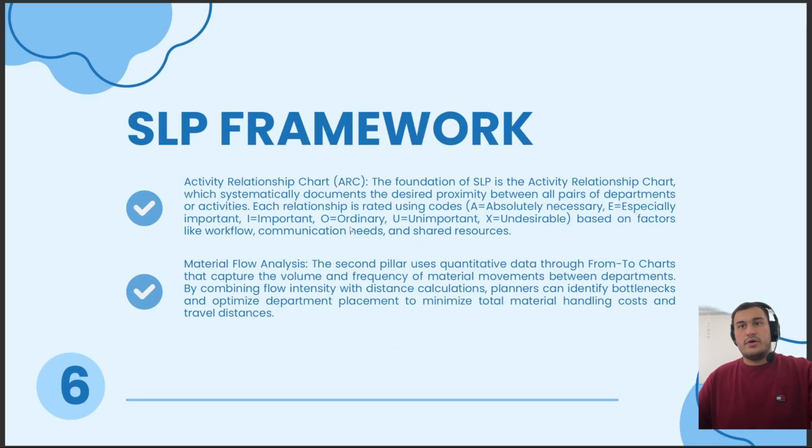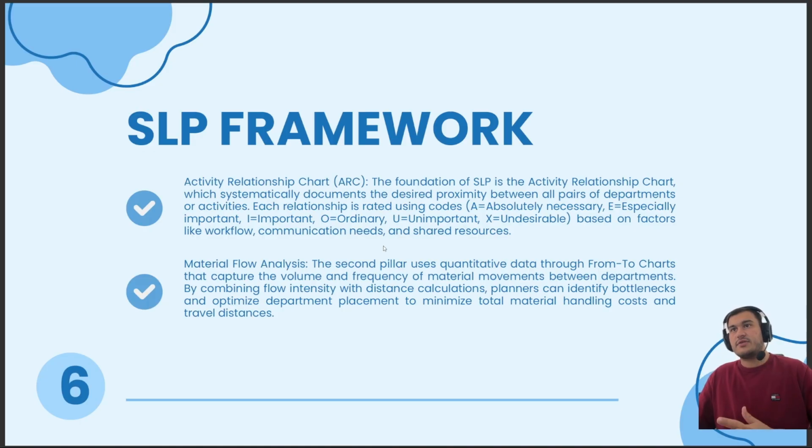And now we are going to talk about the SLP framework. We will understand the SLP flow analysis, and we evaluate the qualitative factors part. The planner then combines both of these analyses into a single relationship diagram.